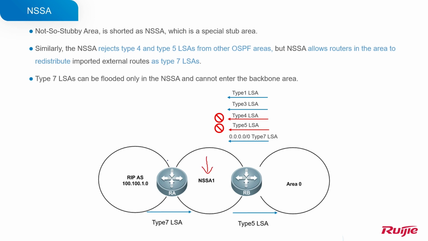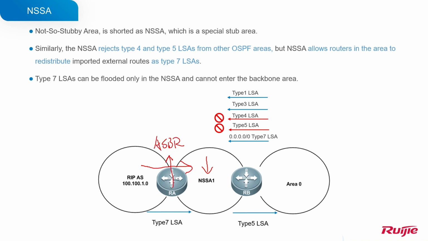And then the NSSA area is connected with the external network, right? And with another AS, actually we use the RIP protocol. And then the RIP protocol routing information will be connected with the NSSA area. So the RA device actually is the ASBR device.